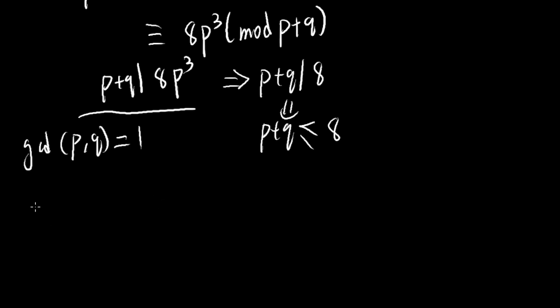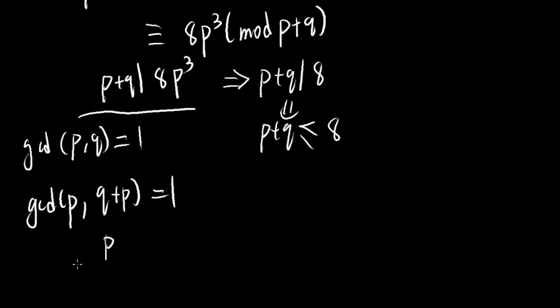And indeed, we know that if p and q are co-prime, p and q plus p are also co-prime, right? And this is good because we know that if q plus p is co-prime with p, then q plus p cannot divide p, and q plus p cannot divide p cubed.